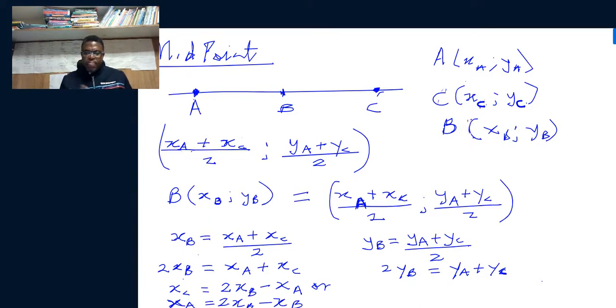Right. Now, I want to do the distance formula. This one is fascinating, you'll see. You remember Pythagoras?